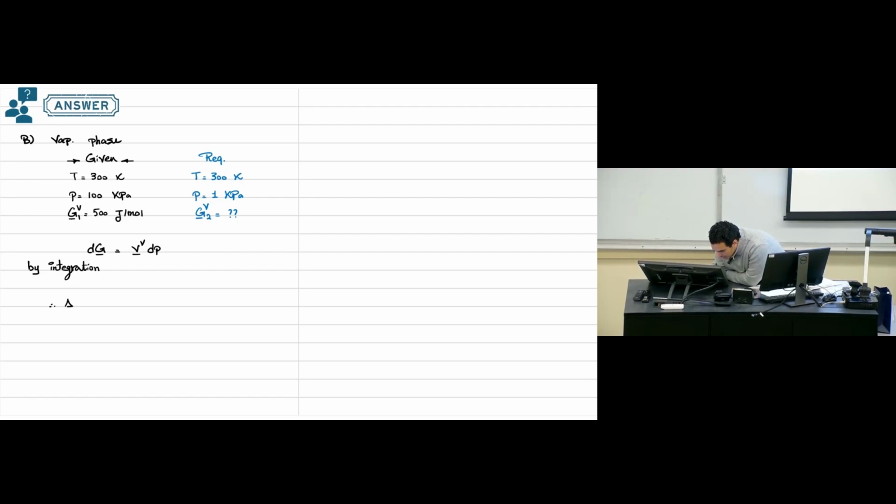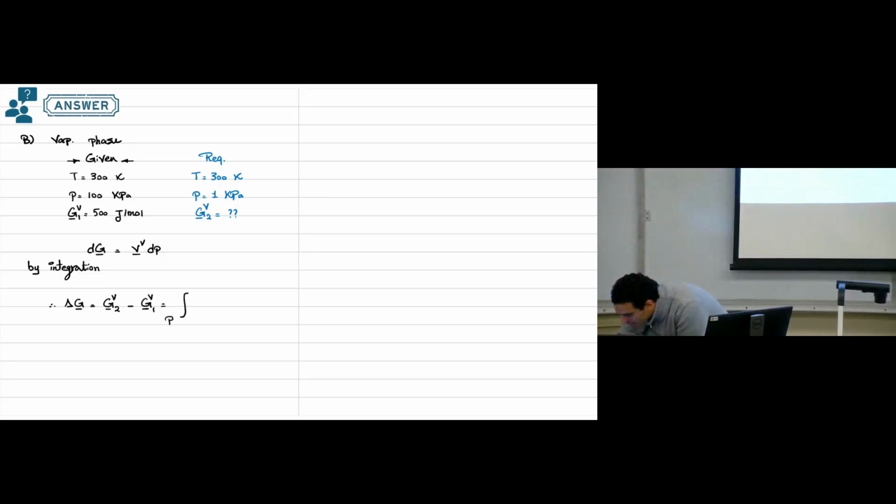The change of molar Gibbs free energy, which is molar Gibbs free energy of vapor at case number 2 minus molar Gibbs free energy of vapor at case number 1, equals the integration from the initial pressure to the final pressure of molar volume of the vapor dP.